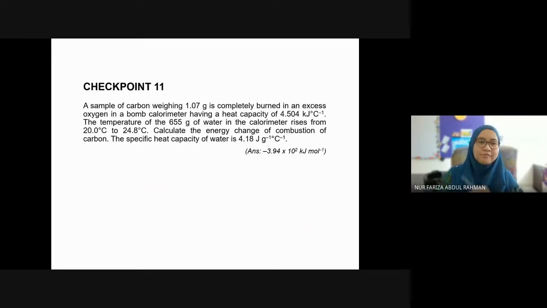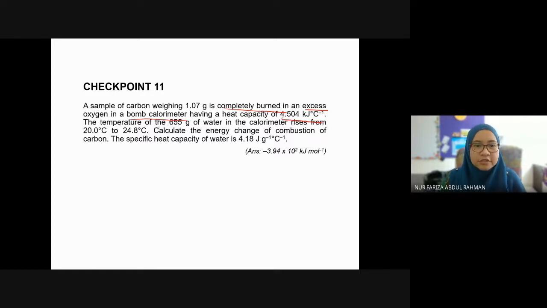Checkpoint 11. A sample of carbon weighing 1.07 gram is completely burned. This is again a combustion reaction. In excess oxygen in a bomb calorimeter having a heat capacity of this.